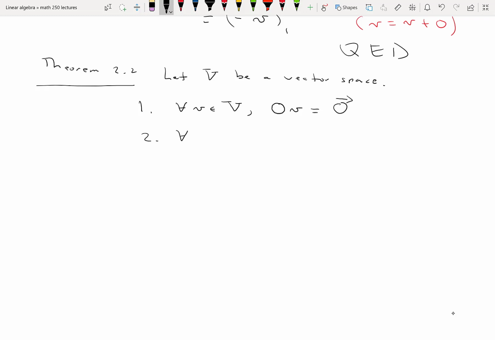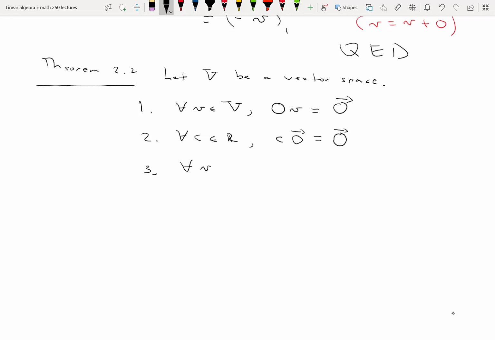The second is, for every scalar C, what do you suppose C times the 0 vector is? Is it 0 or is it the 0 vector? Well, a scalar multiple of a vector is a vector. This is also not obvious. This is also not one of the 8 properties.